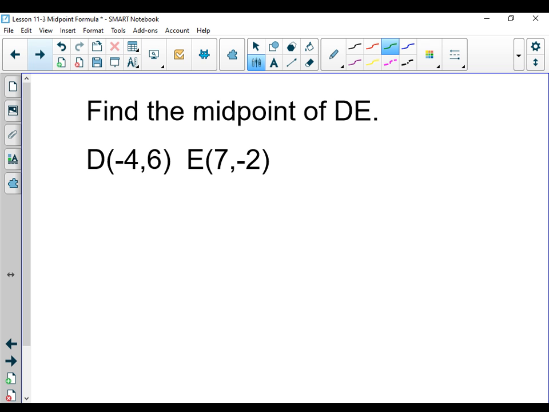Are we doing parentheses, x1 plus x2 over 2? Good point. That's our smart. It was x1 plus x2 divided by 2 and then y1 plus y2.